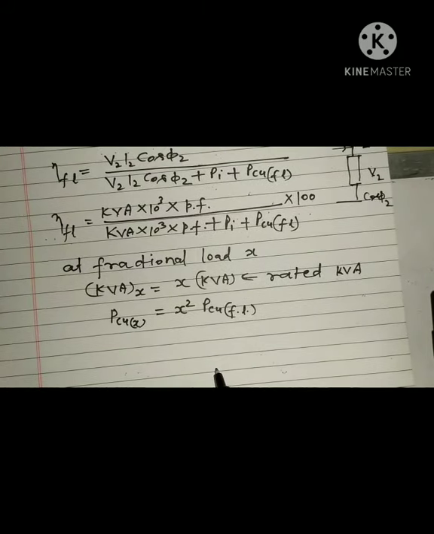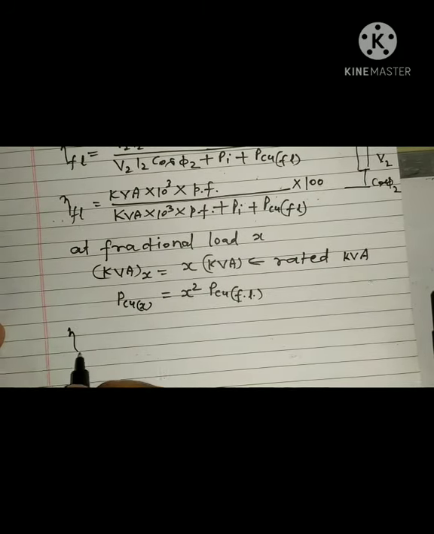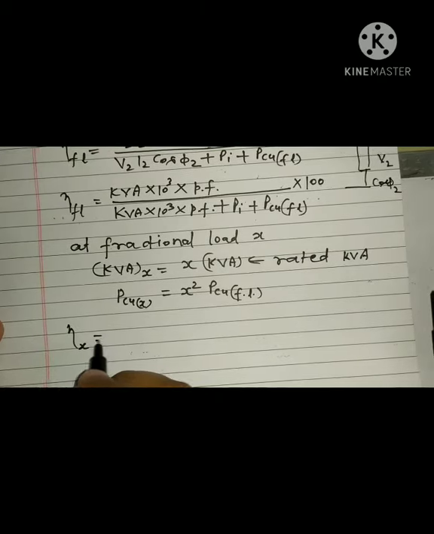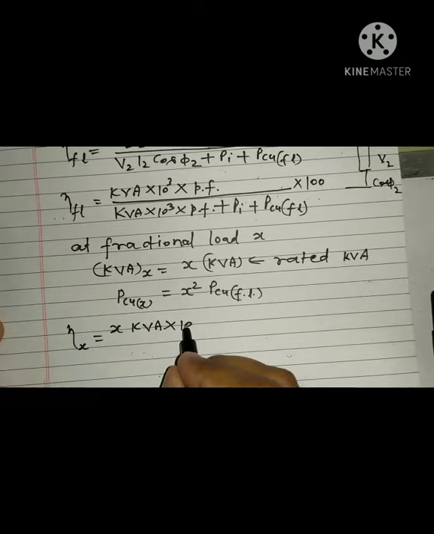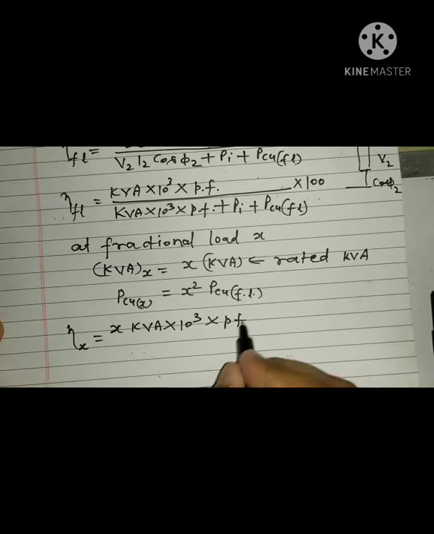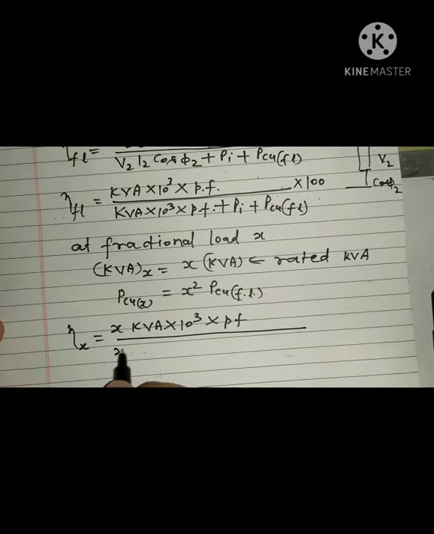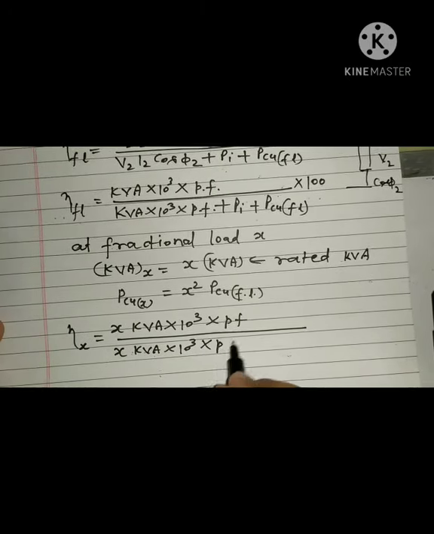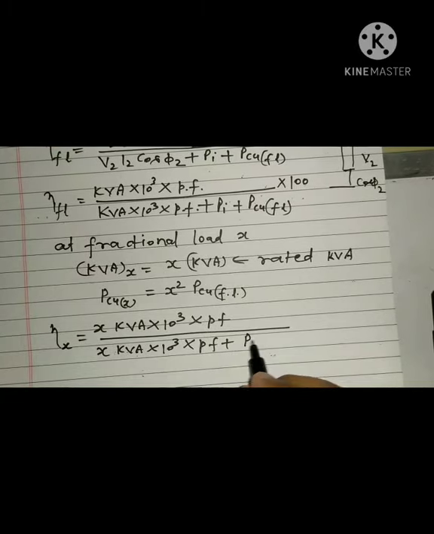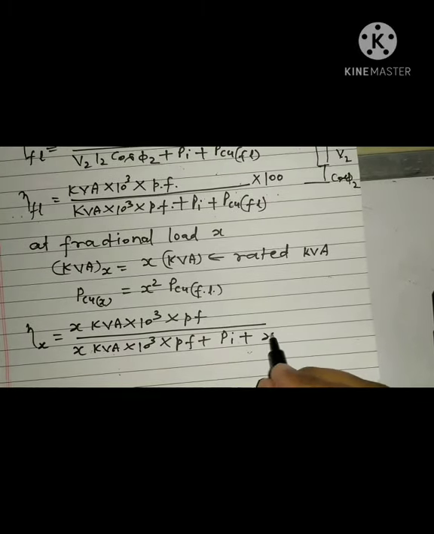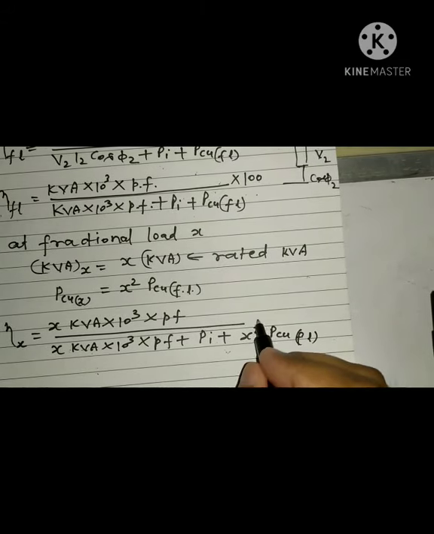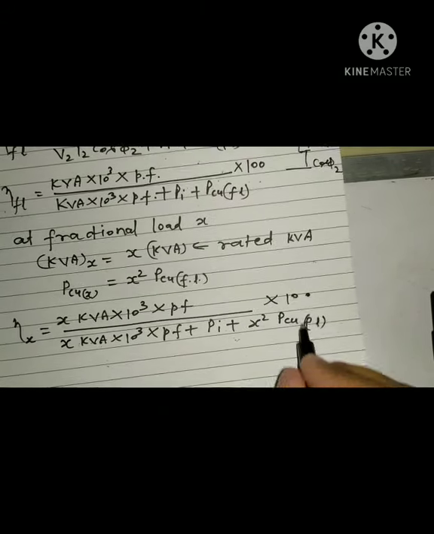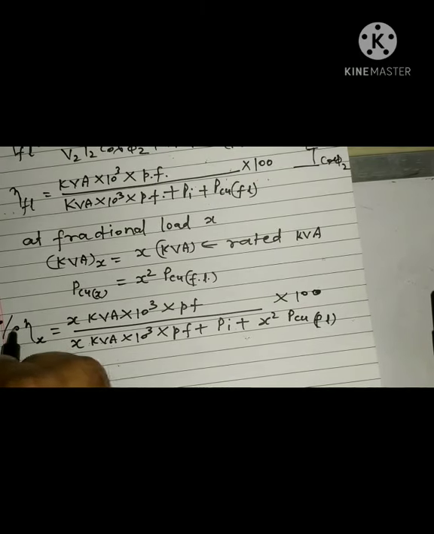Okay. So efficiency at any fractional load X will be given by X times kVA 10 power 3 into power factor by X kVA 10 power 3 into power factor plus iron loss plus X square copper loss at full load, into 100 percentage efficiency.